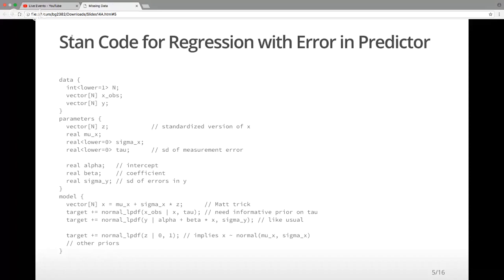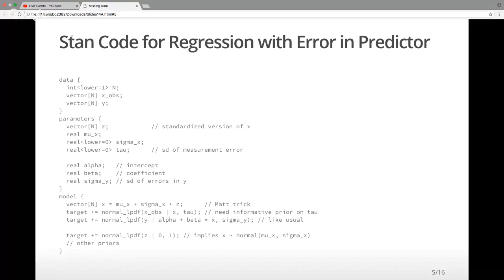My observed measurements of x given the true x are normal, with the true x as my expectation of what I measure x to be, and then I have tau, the standard deviation of, in this case, random measurement error in x. To make this work well in Stan, you are going to need an informative prior on tau, expressing your prior beliefs as to whether the measurement error is going to be big or huge.